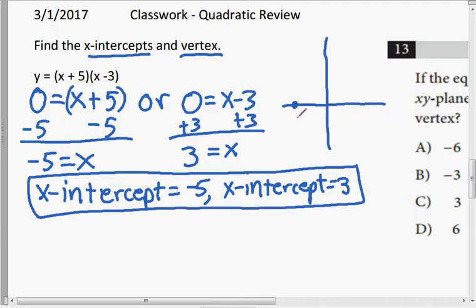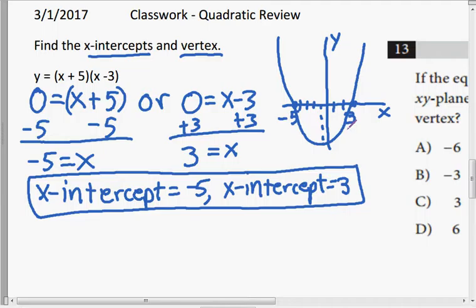So I cross the x-axis at negative 5, and I cross the x-axis at 3. I'm going to draw my parabola in the middle, and I know my vertex is halfway between.